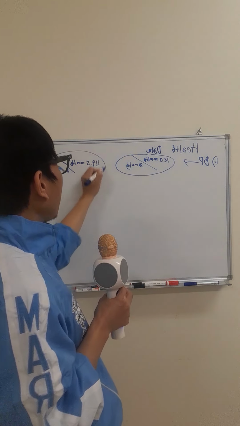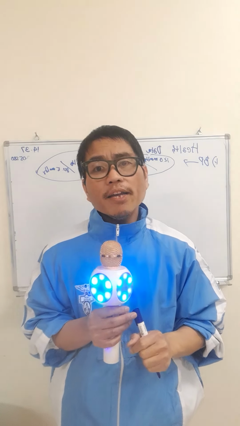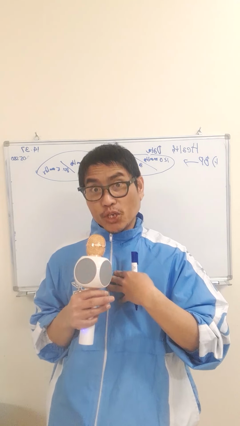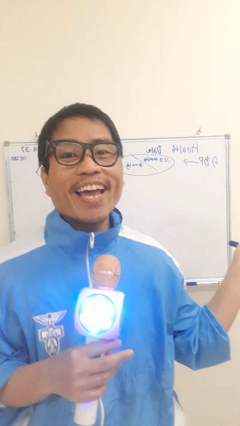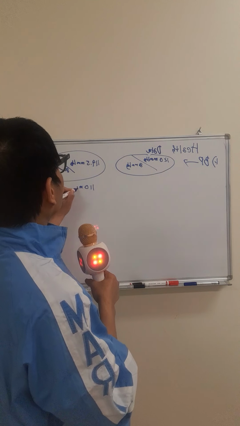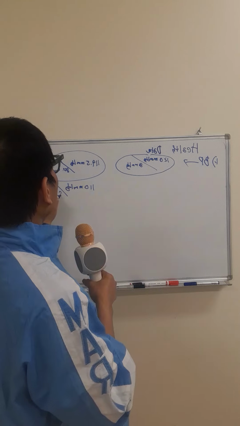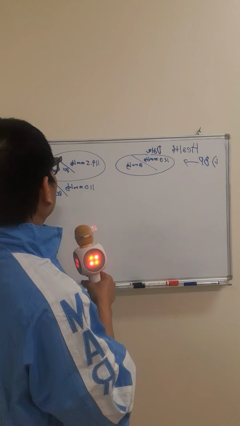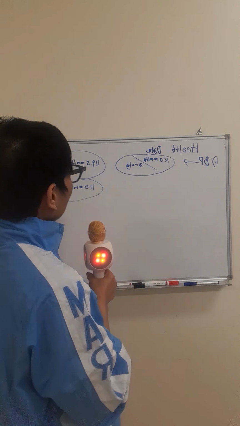I'm not really the one who measured it, but the nurse. When I went to the clinic, I had a result of 110 mmHg over 80. Oh guys, this is a very normal blood pressure in my case.